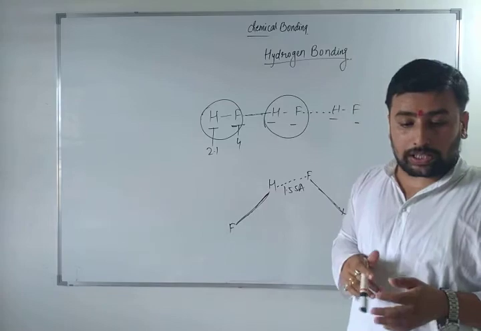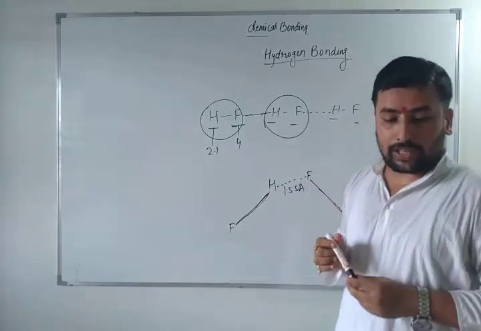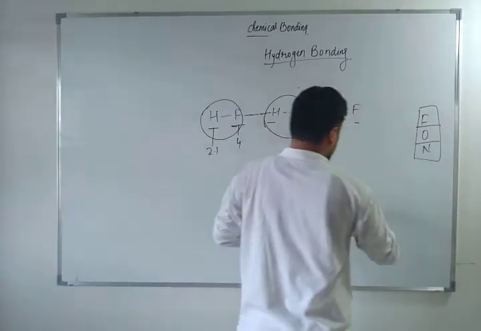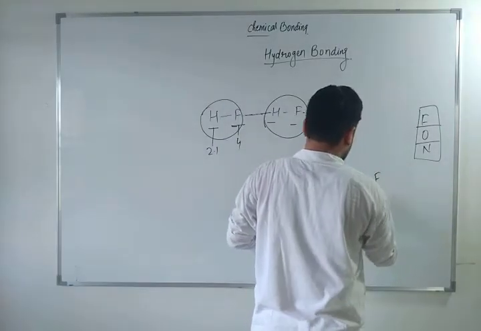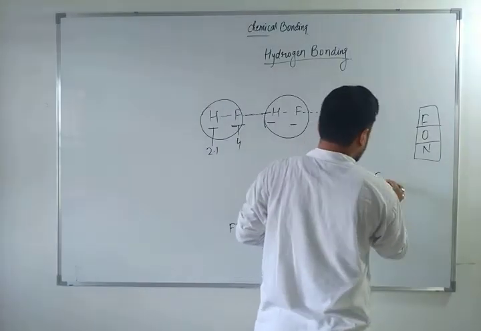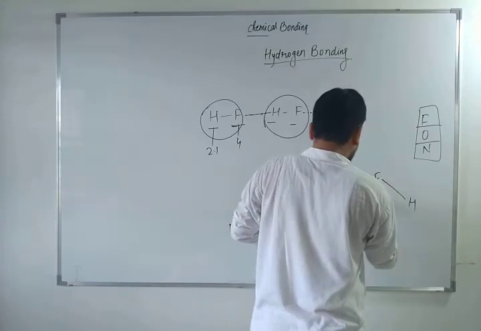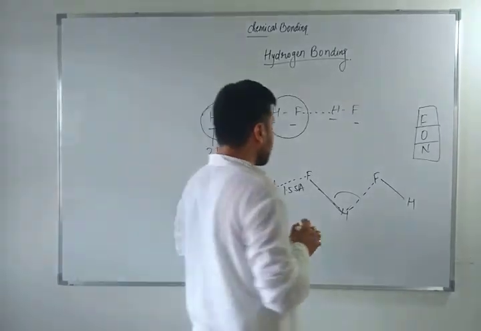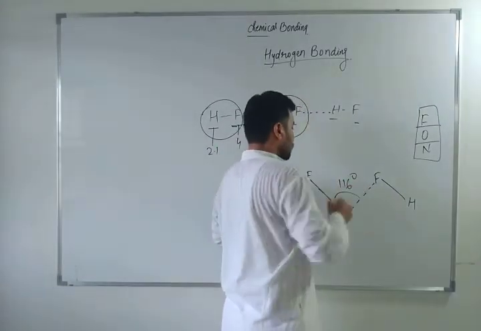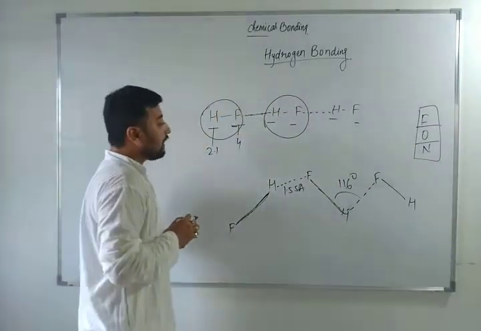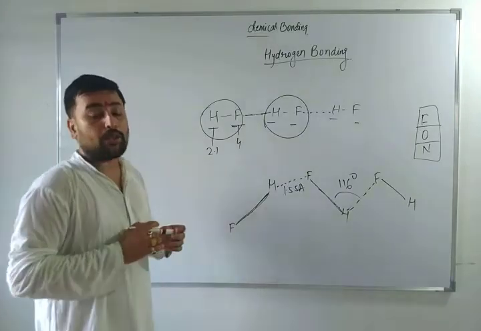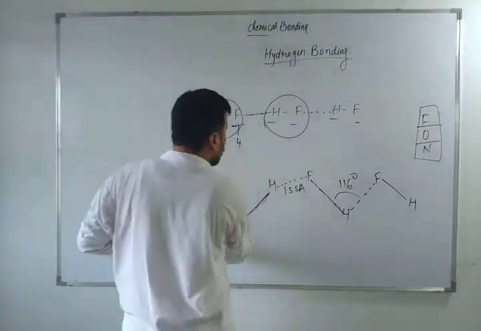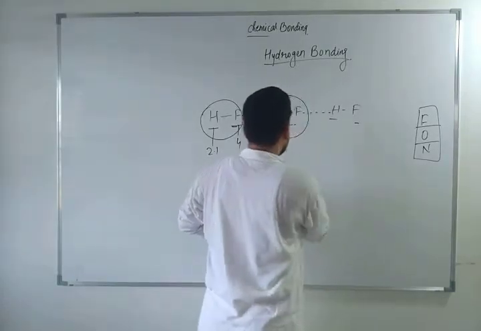If you want to calculate the bond angle between the HF and HF, it is 116 degrees. How much? 116 degrees.